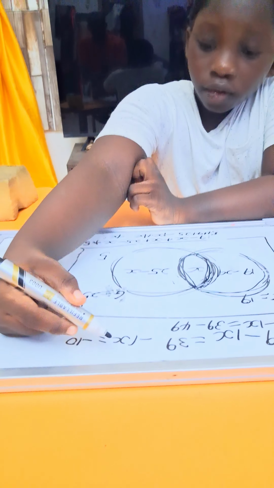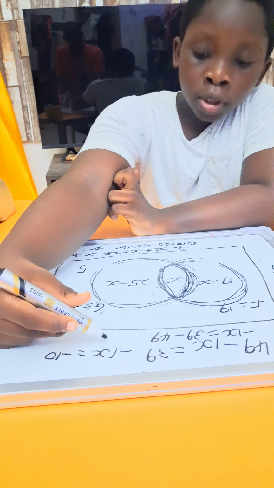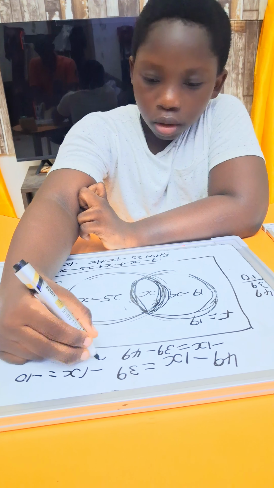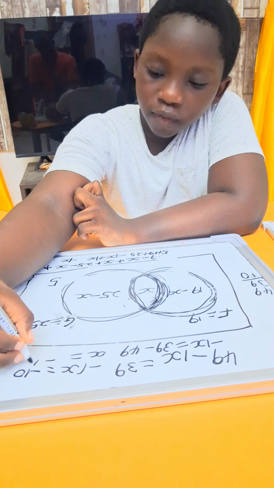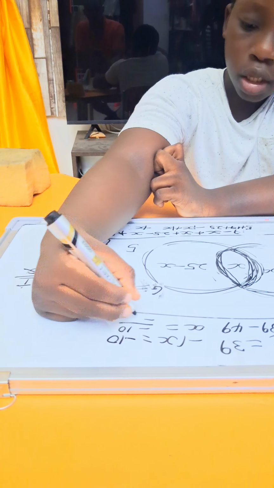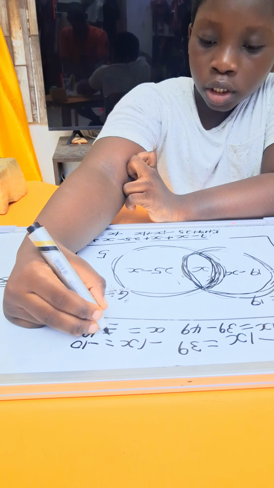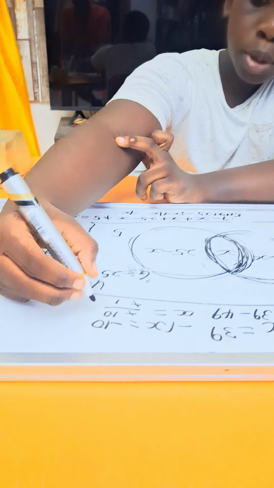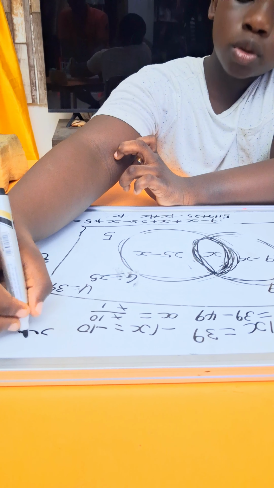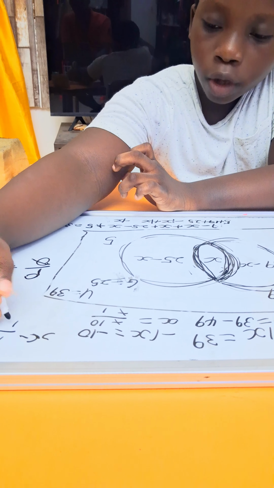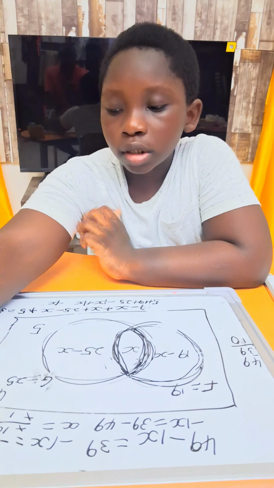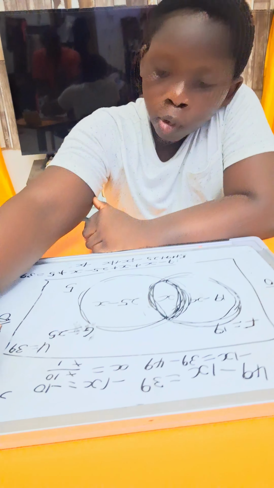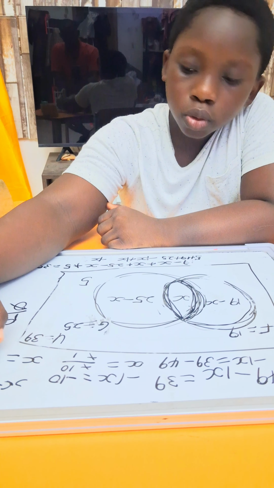Now we bring the negative 1 to the other side, and because it's multiplying, it will divide here. So x equals negative 10 over negative 1. And these two negatives will cancel, which leaves us with x equals 10 over 1. And any number over 1 is that number, which means that x is equal to 10.